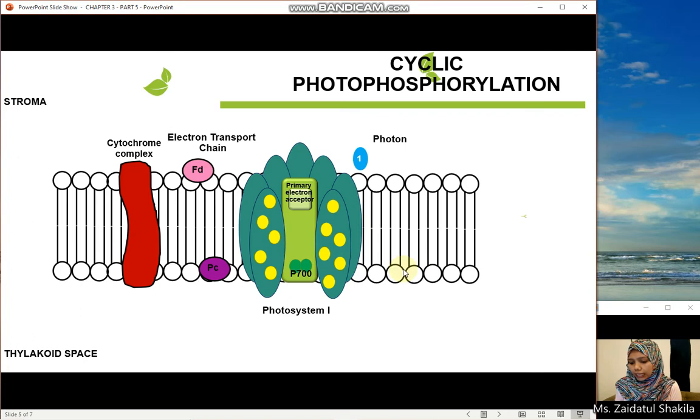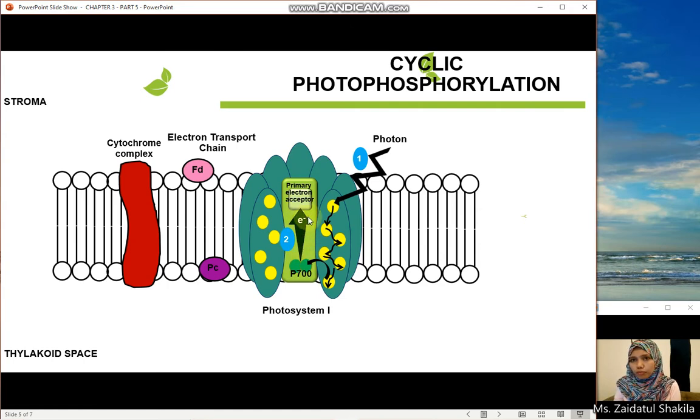A photon hits a pigment, and the energy from the photon is transferred from one pigment to another until it excites the reaction center of photosystem 1, P700. In P700 there is an electron, so energy is transferred to the electron, causing the electron to be excited to the primary electron receptor.